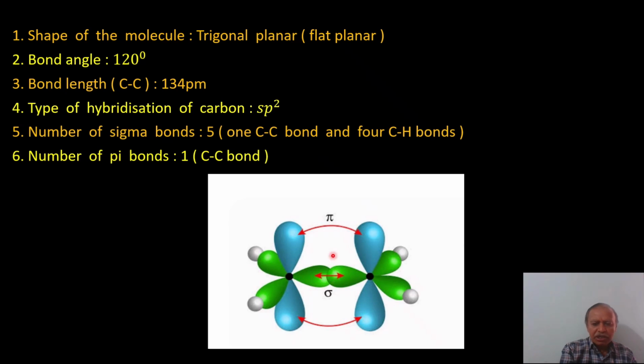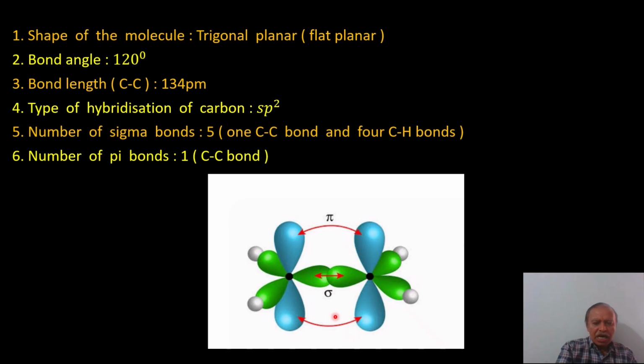And 1 pi bond exists between the 2 carbon atoms, formed by sidewise overlapping of the unhybridized p orbitals. This is the orbital structure of the ethene molecule that we can represent.